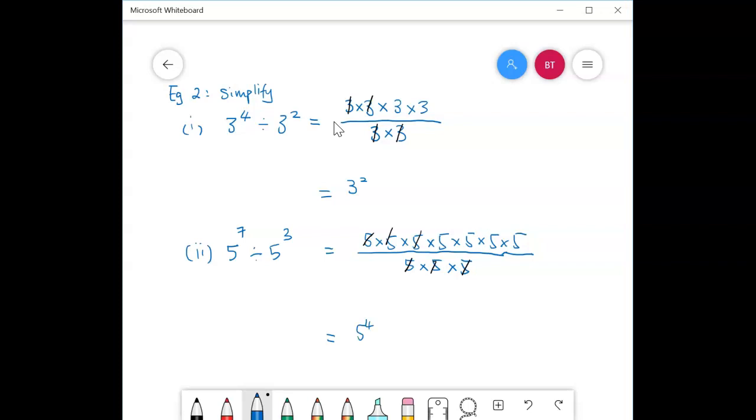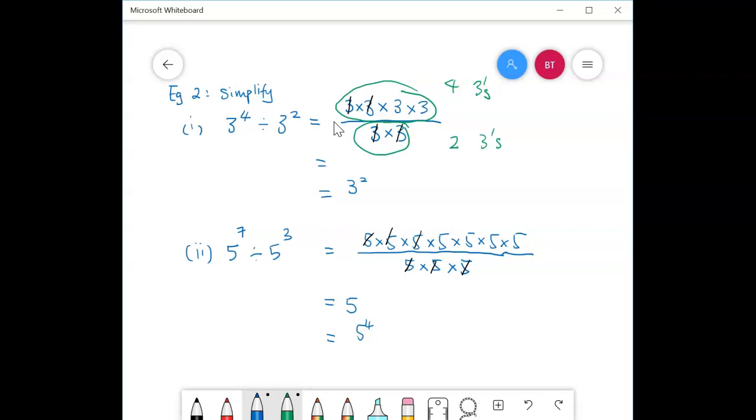Now, notice this. In part 1, we have a total of 4 threes in the numerator and a total of 2 threes in the denominator.